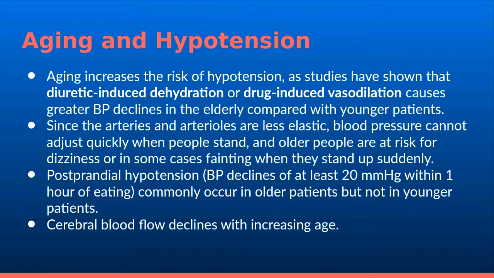Since the arteries and arterioles are less elastic, blood pressure cannot adjust quickly when people stand, and older people are at risk for dizziness and in some cases fainting when they stand up too quickly.